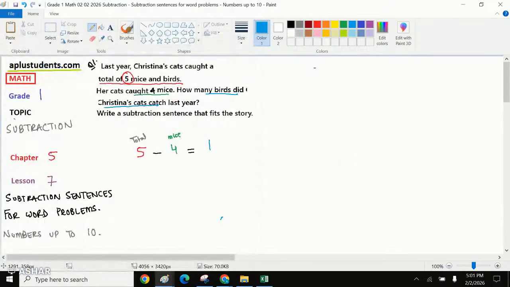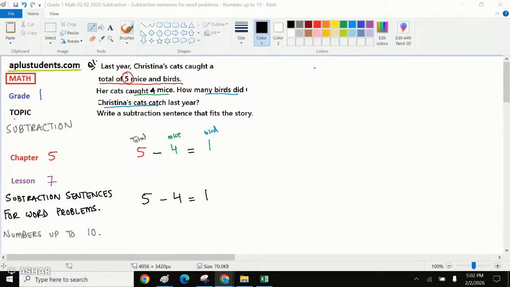So there would be exactly 1 bird. So the subtraction sentence that we need to write is 5 minus 4 equals 1. Agreed? We need to find the subtraction sentence by finding the difference of 5 and 4. Okay?